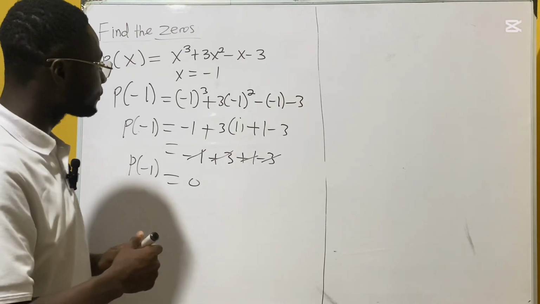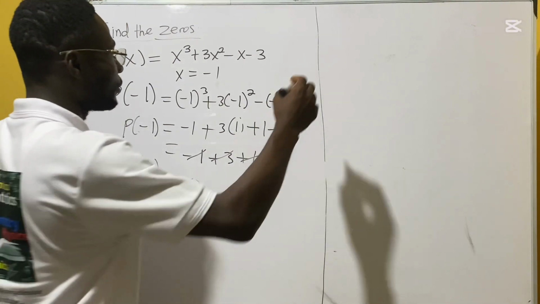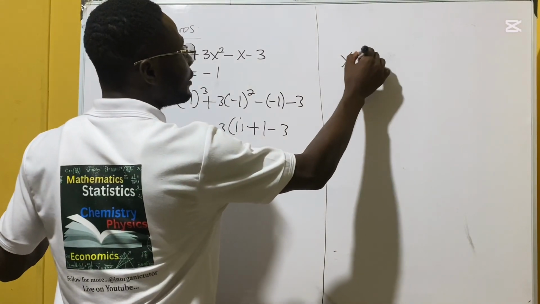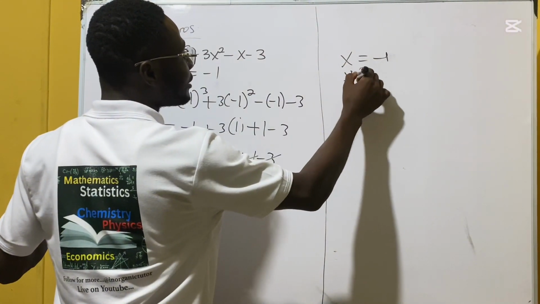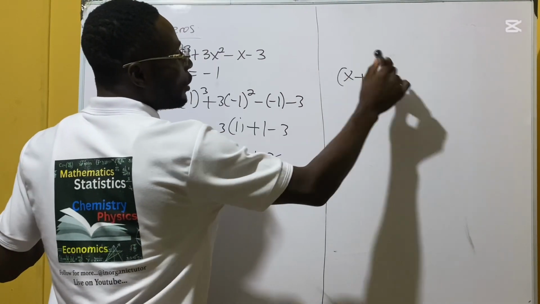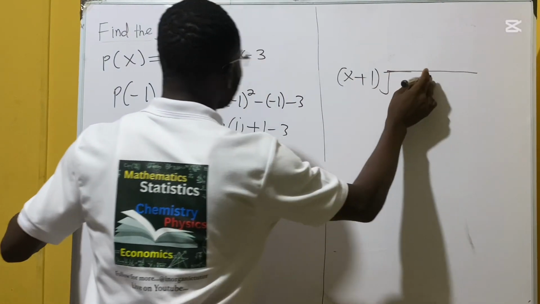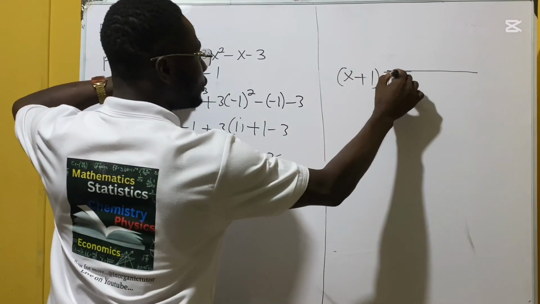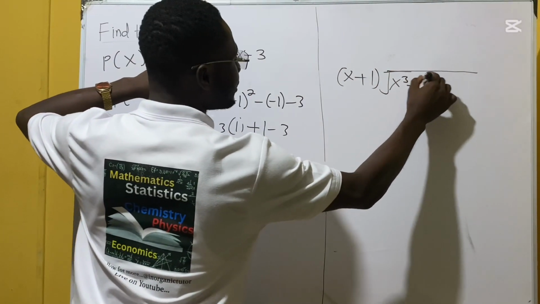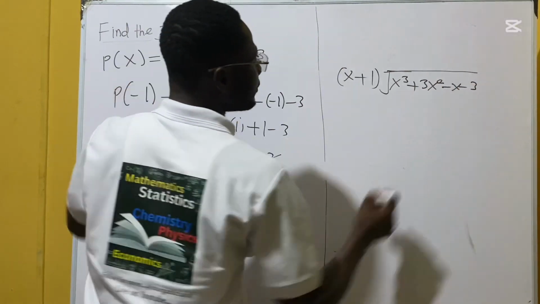So let's go and find the other factors. x equals -1 means that x plus 1 is the factor. So now we divide the polynomial x cubed plus 3x squared minus x minus 3 by x plus 1.